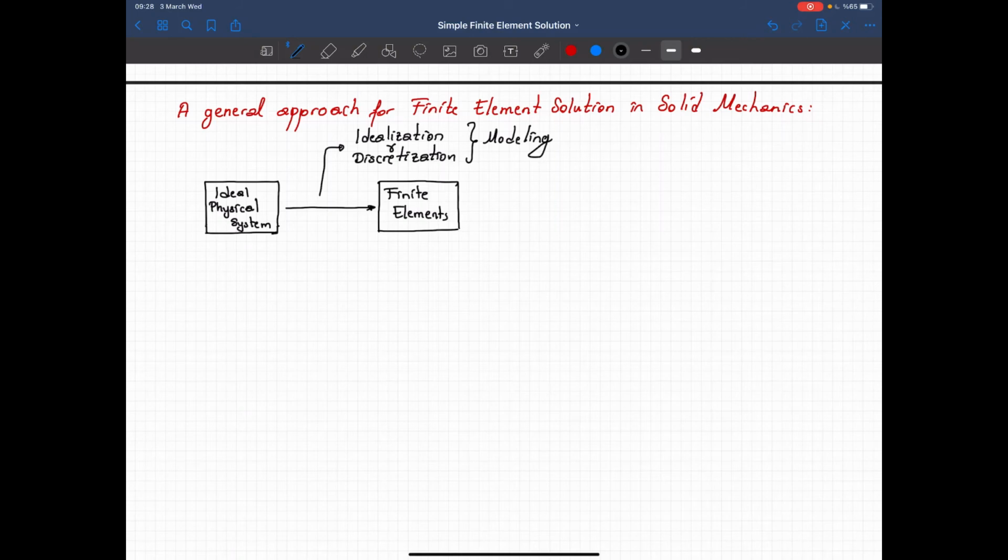Okay. Of course, the finite elements are not just geometrical objects. Now, there's a mathematical model that is used to generate these finite elements. This mathematical model could be a differential equation that we want to solve.